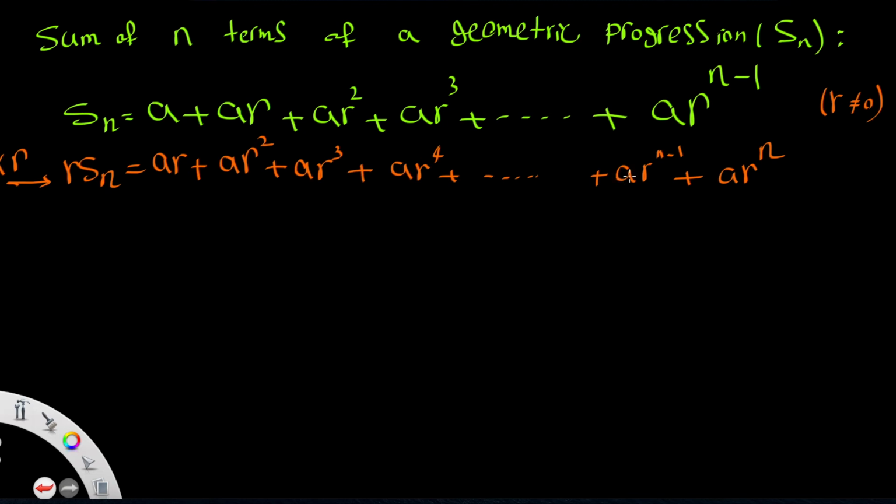When it is multiplied by R, powers are added, so it becomes n minus 1.